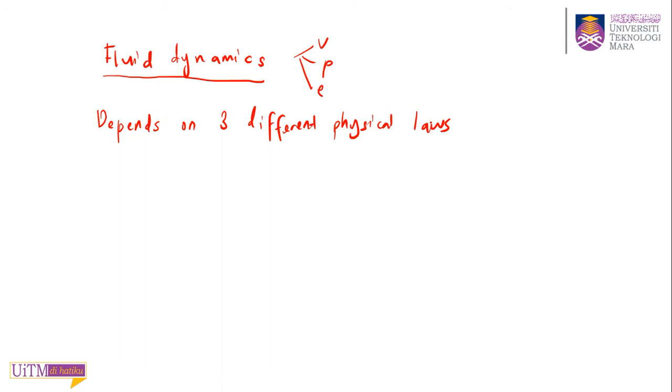As you know, in physics there are a lot of laws. Hukum-hukum. Kalau dulu saya belajar hukum-hukum lah. Ada ni in Malay. Okay, so in this chapter, fluid dynamics, there are 3 different physical laws.